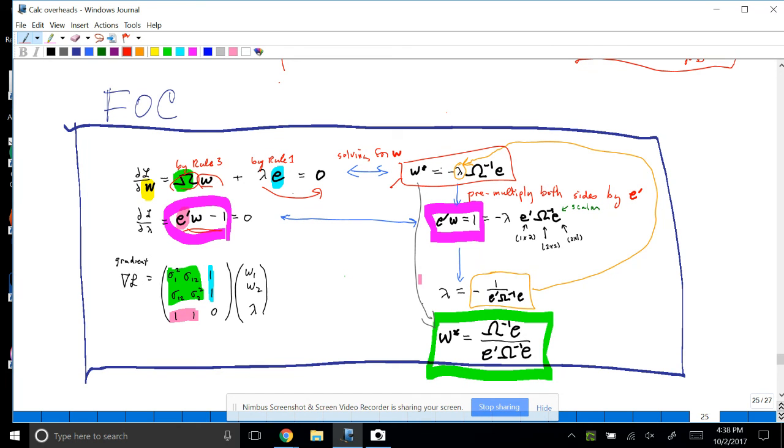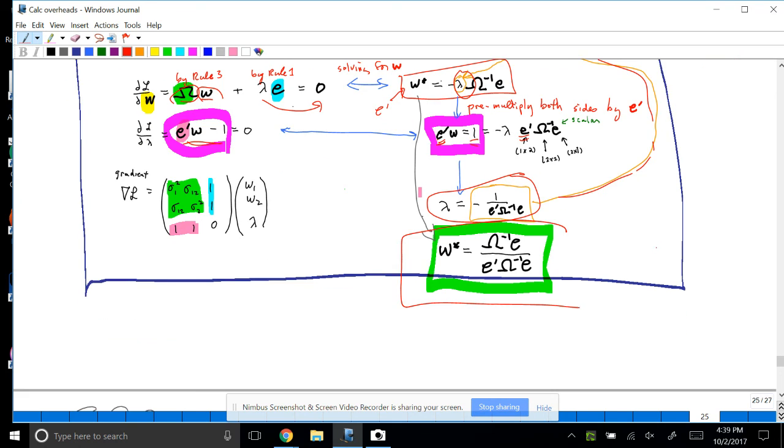So I take this value and pre-multiply by E transpose, the row vector. By construction, that's going to equal the sum of the weights. If I pre-multiply by E transpose over here, I pre-multiply by the vector of ones over there. And so I solve for lambda. It's going to be 1 over the scalar. And I plug this thing back into here, and then I get my minimum variance portfolio.